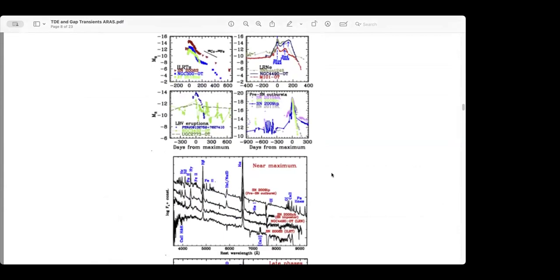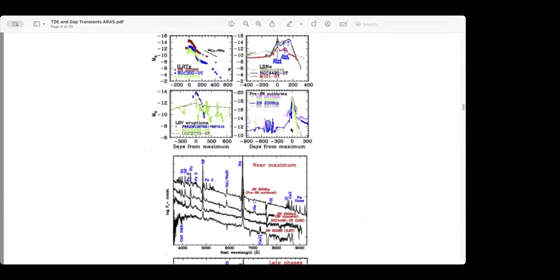this is the whole other class of these kinds of objects. We talked about these, the pre-supernova types and the LBVs that show eruptions and then go back into quiescence. These aren't destructive. The supernovae are.